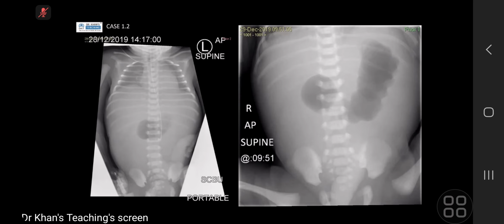The nasogastric tube is appropriately positioned. There is a single bubble in the stomach.